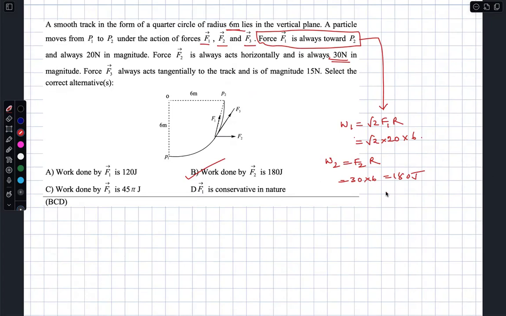Work done by F3 is always tangential: F3 times length of the path. I have done both in my very first class. I'll show you that. F3 is 15 into pi into 6 by 2, that is 45 pi joules.